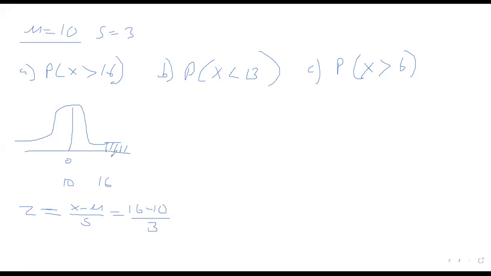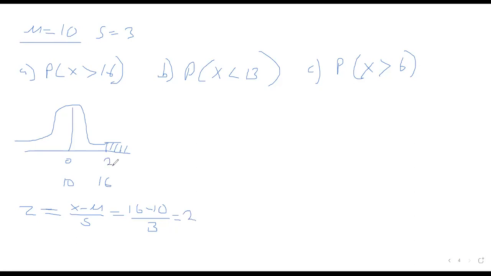X is 16, so 16 minus 10 divided by 3. 16 minus 10 is 6. Divided by 3 is 2. So this X is equivalent to 2.